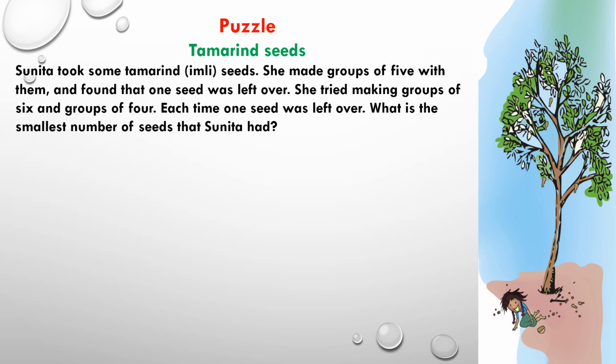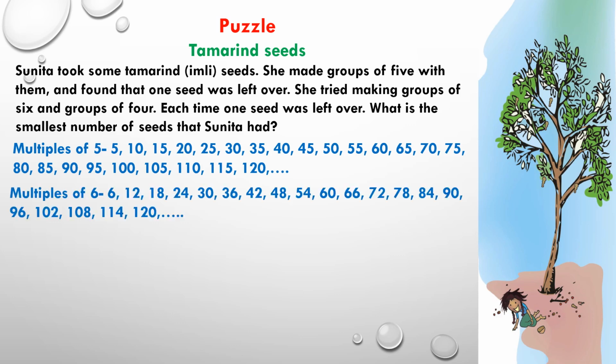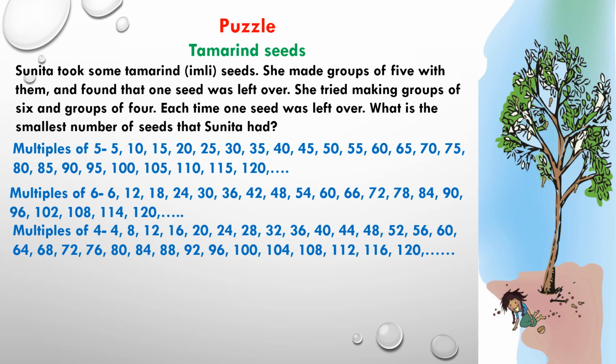Okay, so multiples of 5 are 5, 10, 15, 20, 25, 30, 35 and so many. Multiples of 6: 6, 12, 18, 24, 30, 36, 42, 48 and so on. Multiples of 4: 4, 8, 12, 16, 20, 24, 28, 32, 36 and so on.